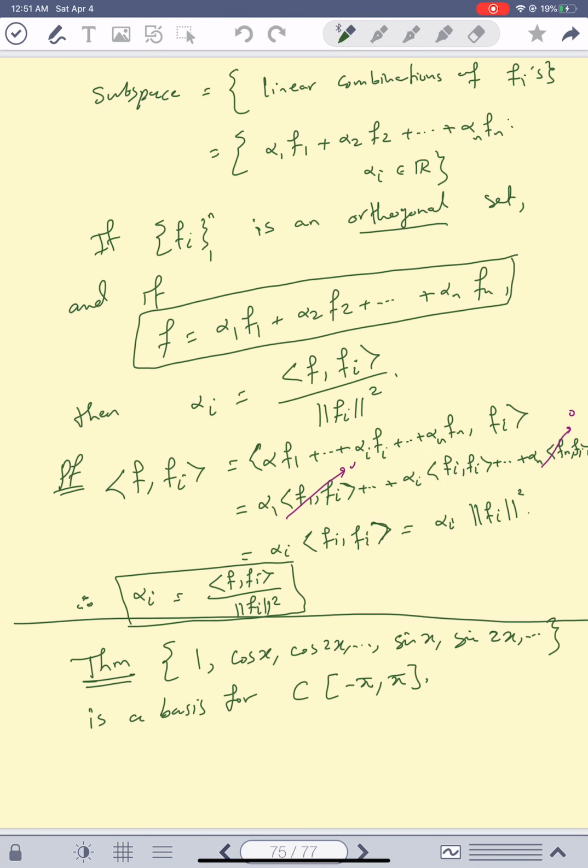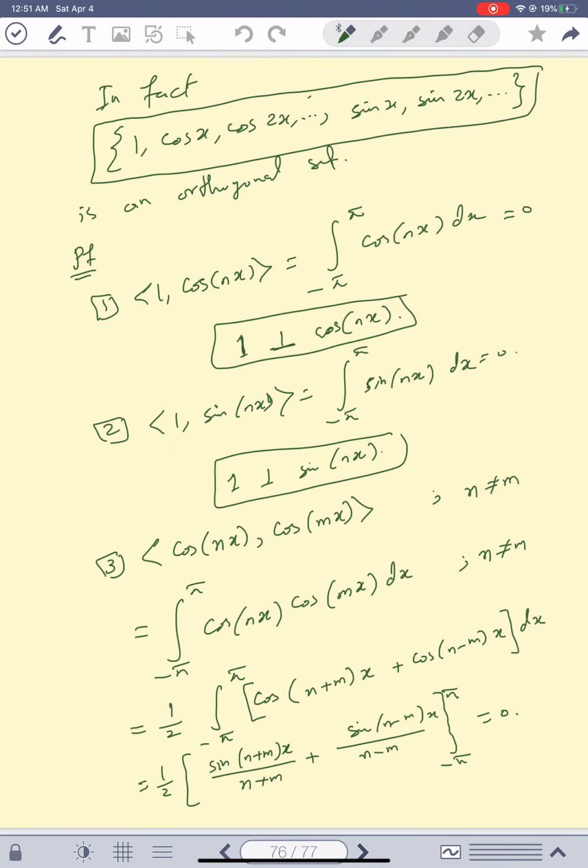Now remember again, the theorem says, okay, we know that it's orthogonal. It is a basis for the space of continuous functions on negative pi to pi.